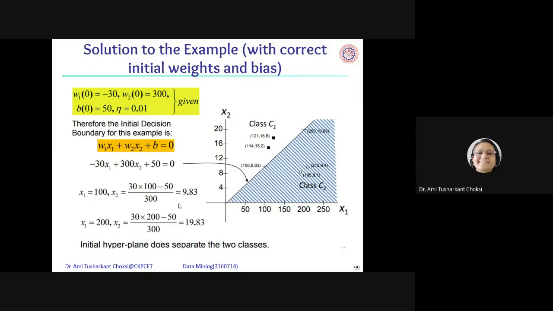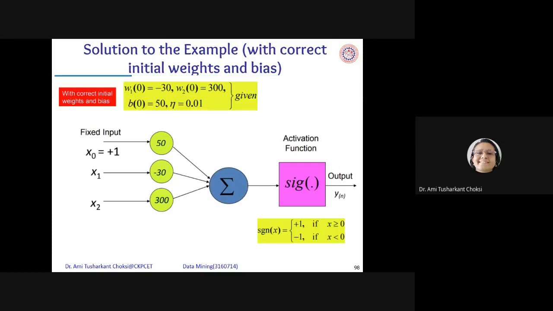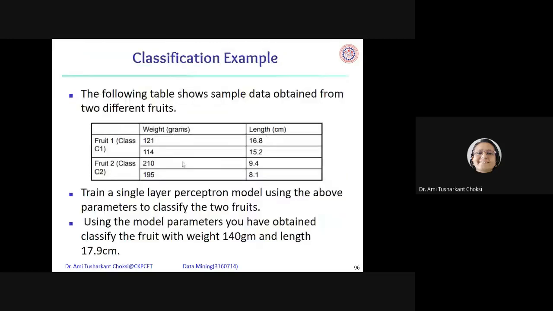Now the initial hyperplane does separate the two classes. We can say this is class 1, this is class 2. How can we find these values? Do you remember the table? Yes, here: 121, 16.8; 114, 15.2; 210, 9.4; 195, 8.1, right? These points we have plotted.